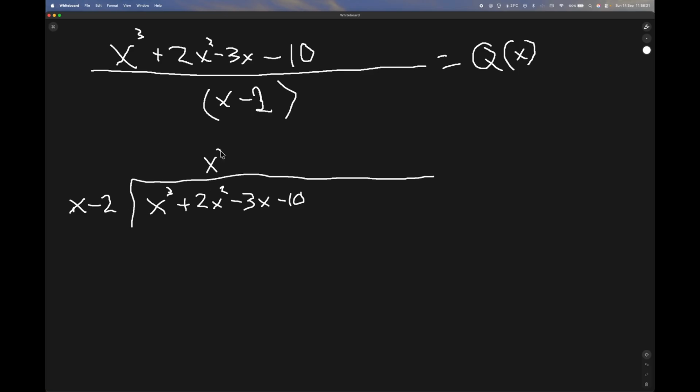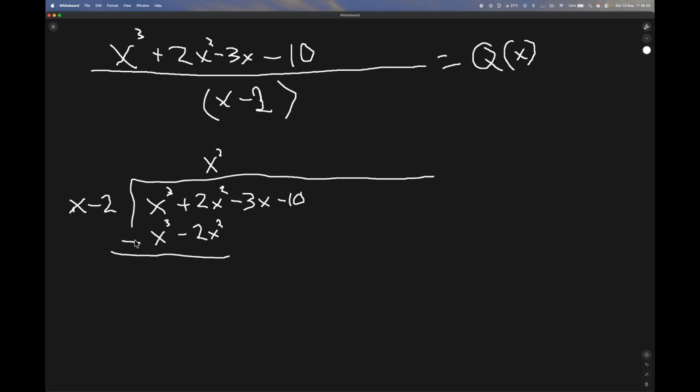x squared. Now, we've got x squared times x. It's going to give us x to the 3. X squared times minus 2, so minus 2x squared. We're going to minus this one from that one. So x to the 3 minus x to the 3 is going to be 0. But we actually don't write this one because it should always cancel.